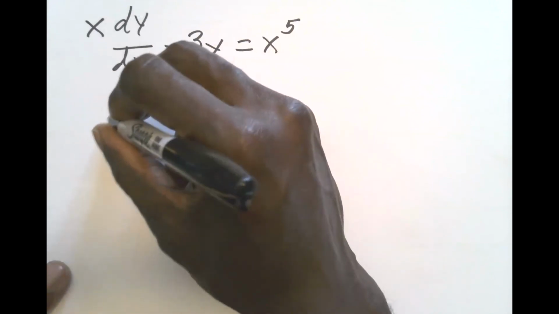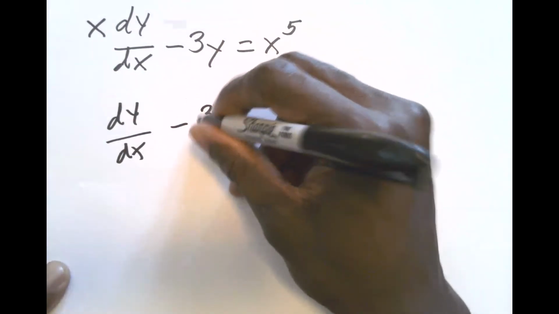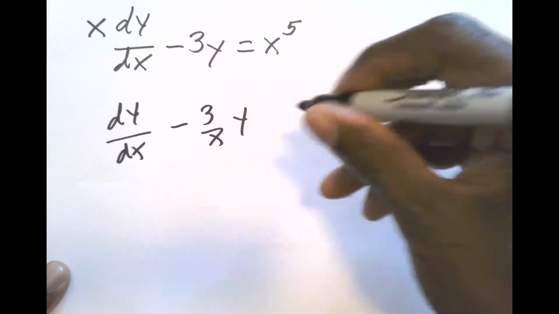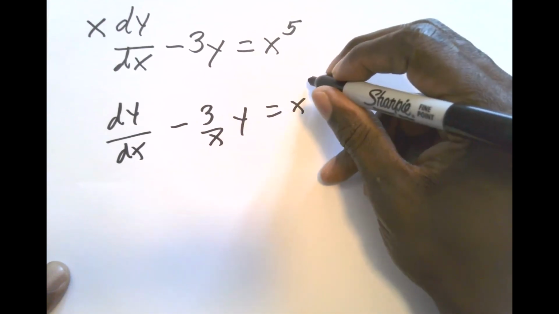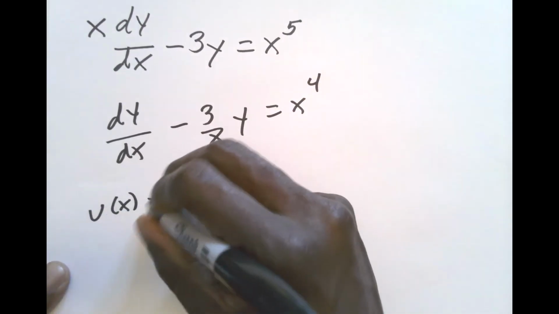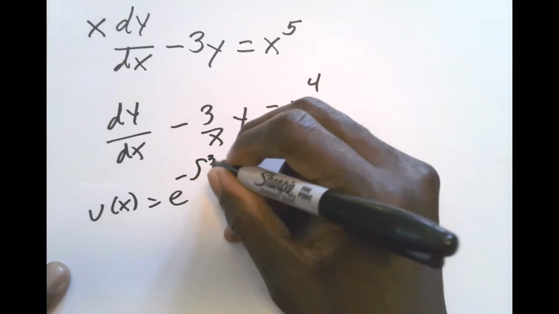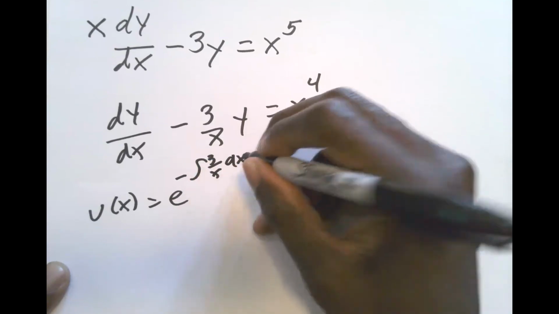First, let's put it in the correct form. So let's divide everything by x. Minus 3 over x y equals x to the 4th. So u of x is going to be e to the power of negative integral of 3 over x dx.